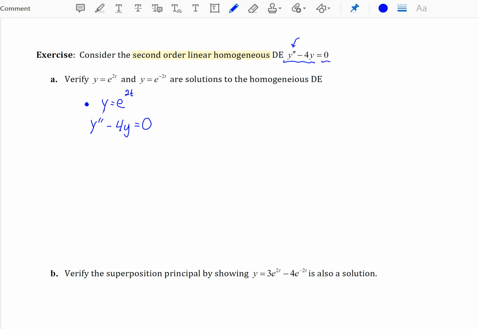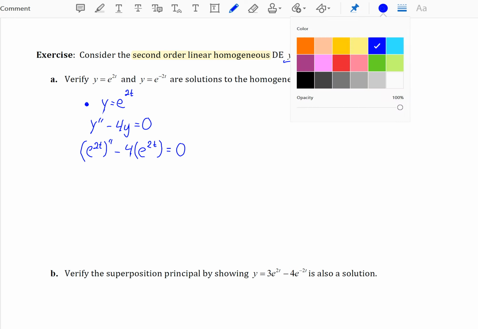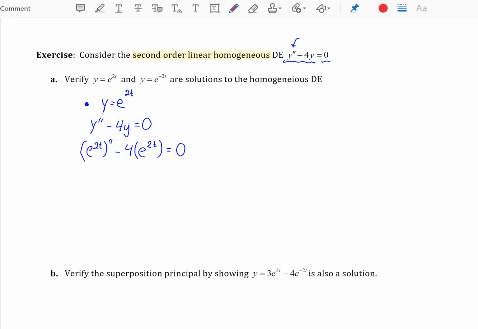And the way we do this is we evaluate the DE at this proposed solution. So stick it in for y in all the places that y appears. And we're being asked to verify that this indeed equals 0.